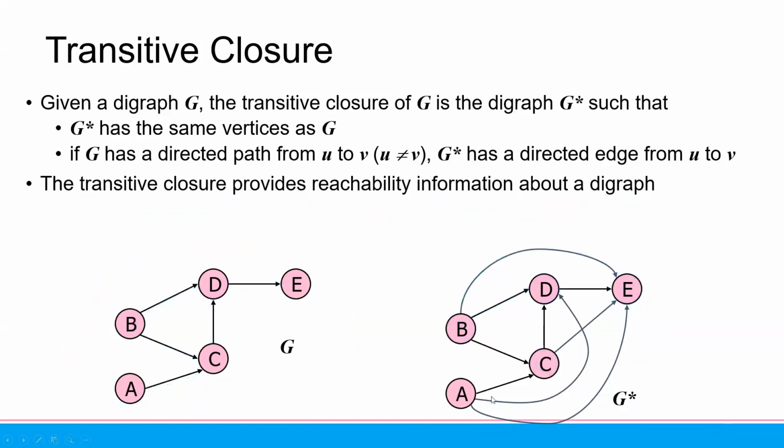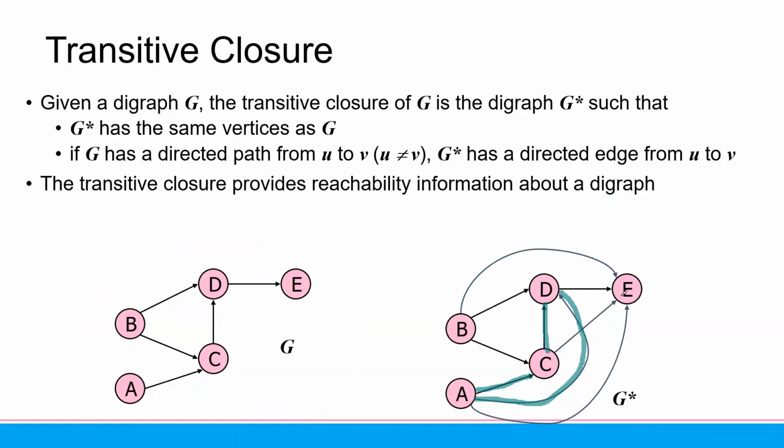What about A to D? A to D is also reachable because I can go from A to C and then C to D. So I create an edge from A to D. What about A to E?